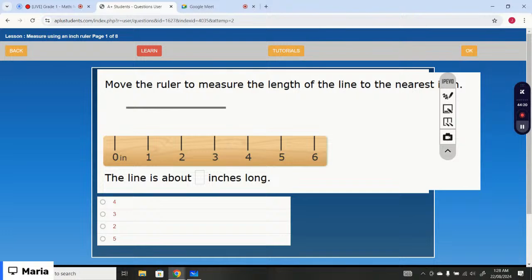So, the left end of the line is lined up with 0, right? And then you can measure this side. So I think that is 3 inches long. If you just see, that is 3 inches long. The correct option is 3. Got it?